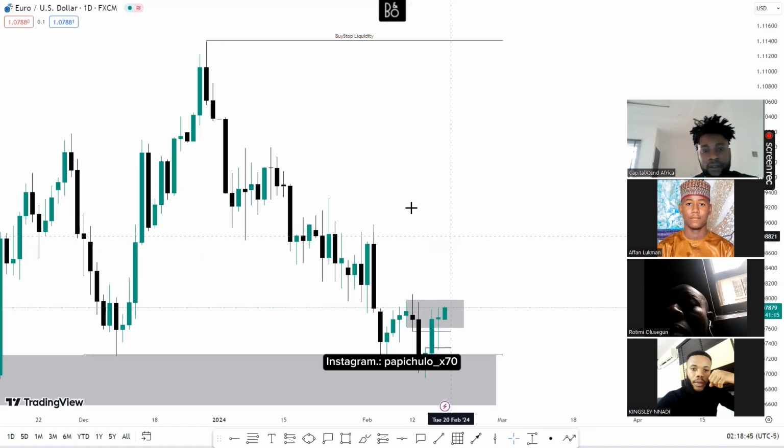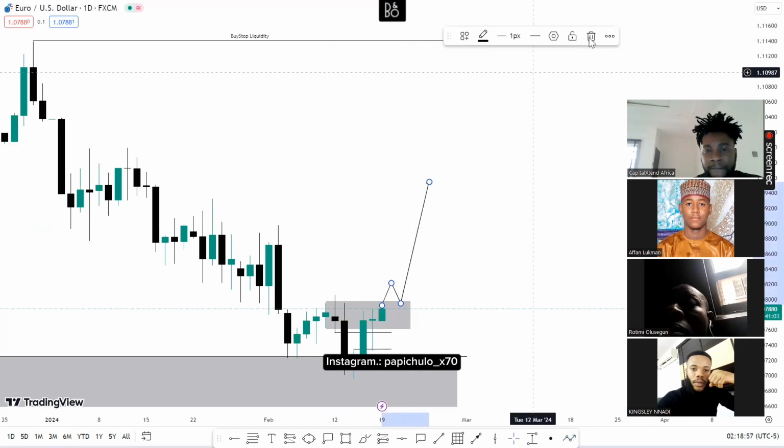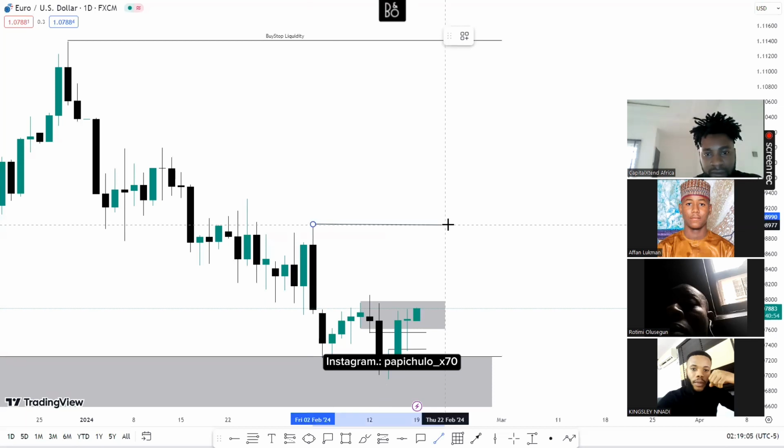All right. So on Euro USD, I want to see something like this play out. Continue the up movement. My first target, if we get something like this, will be this high.